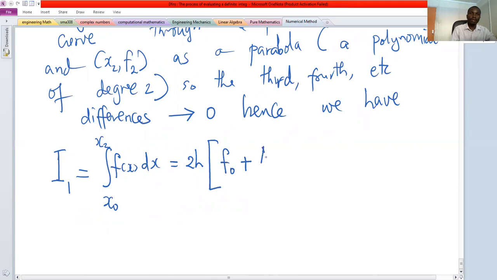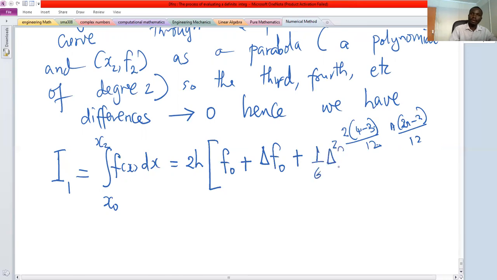So we'll have the first forward difference of f0. Then plus, the next term is n into 2n minus 3 over 12. When you put 2, we have 2 into 2 times 2 is 4 minus 3, over 12. 4 minus 3 is 1. 2 over 12, or 2 times 1 is 2, divided by 12 is 1 over 6. So we'll have 1 over 6 second forward difference of f0. So that's the formula.